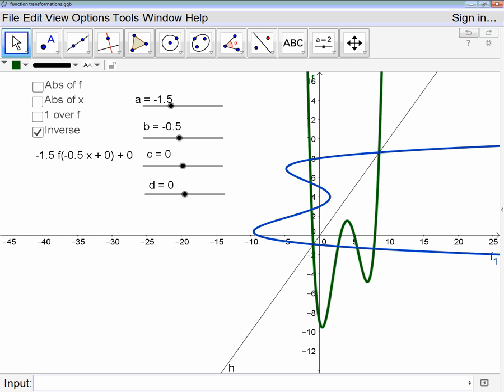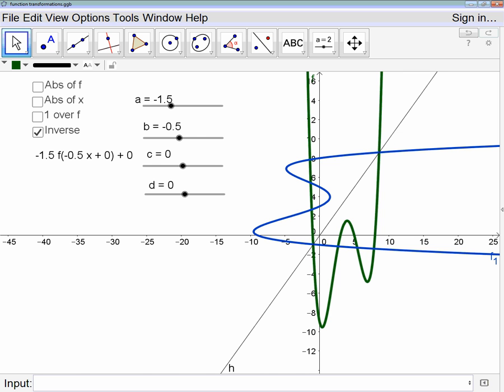Now, if we look at this, the smartboard isn't as nice as the large screens are, but you can see how we're flipping over the line y equals x. This function doesn't have any asymptotes. It's a polynomial that goes wild after that point.